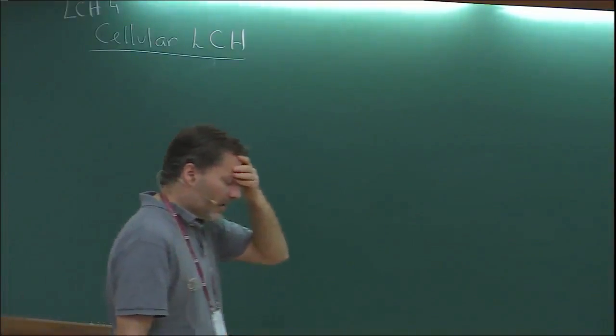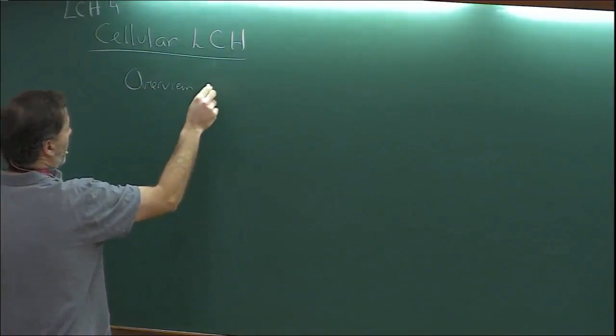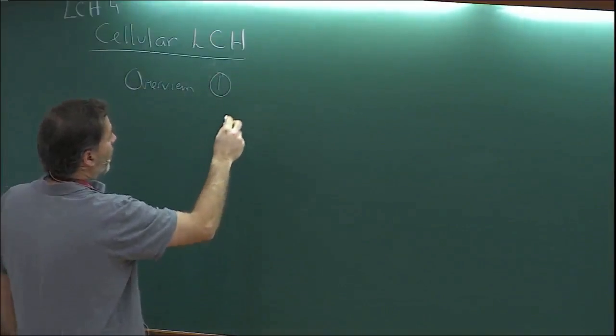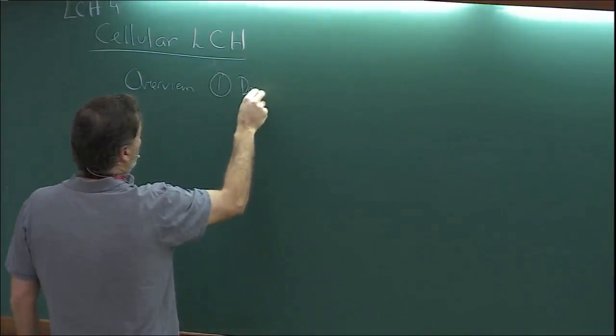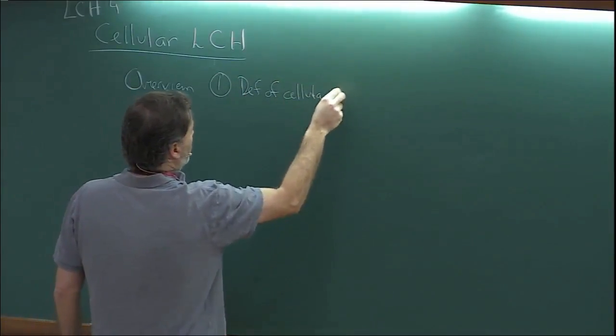Right, so that's the first part of the talk I wanted to talk about. Maybe I should write this down. There are 2 parts to this talk. First I'm going to give a definition of this cellular DGA.